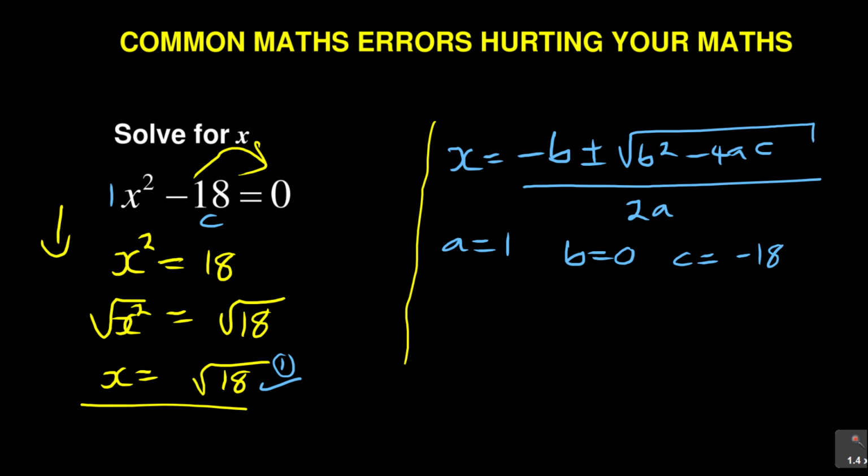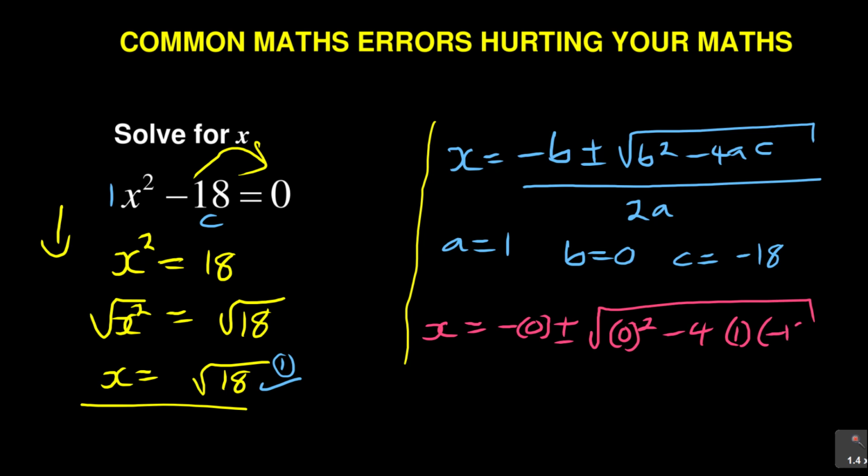So if I'm solving here, I'm going to say x is equal to minus b, which is minus 0, plus or minus square root of b squared, which is 0 squared, minus 4, my a is 1, my c is negative 18, all over 2, and my a is 1.